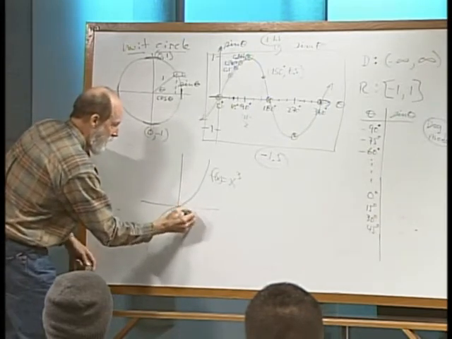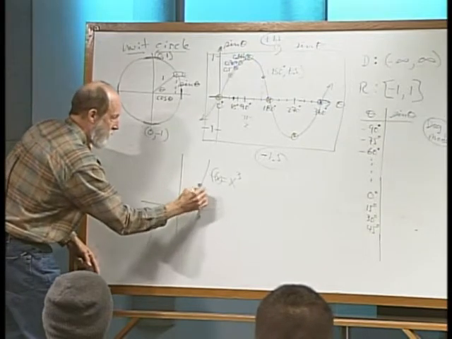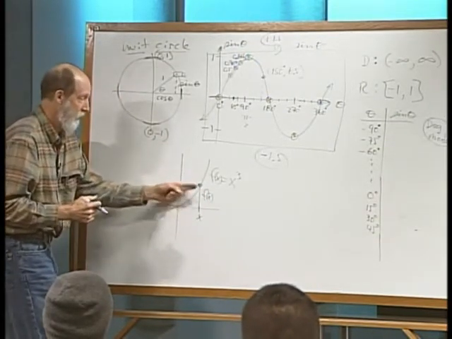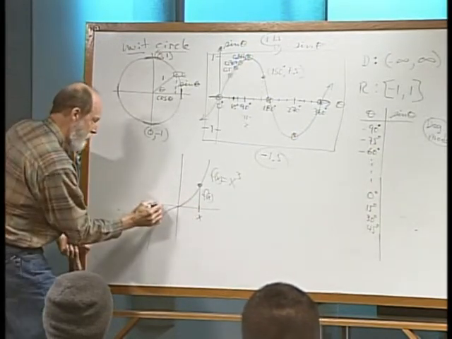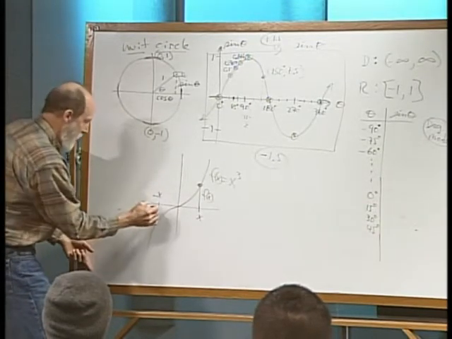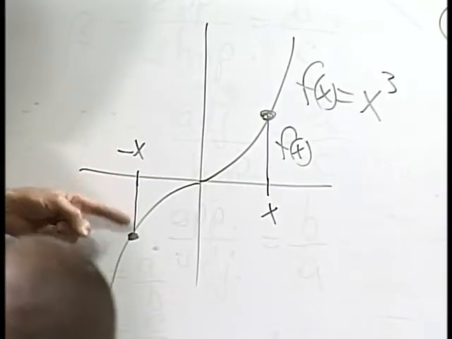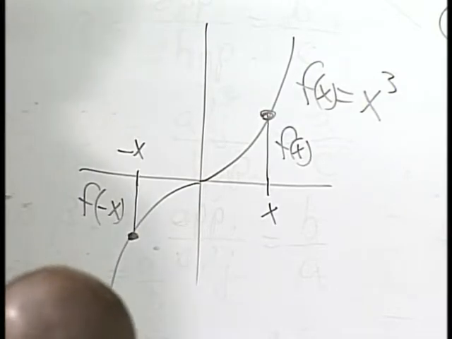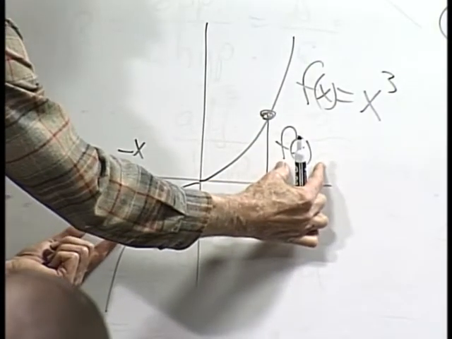If I take a location x here, then this is f of x as the value of the function. It's the height on the graph here, is it not? If I go symmetrically over to the negative of x, I would have this height, or the output value right here, would be f of negative x. These output values are identical in magnitude, aren't they?